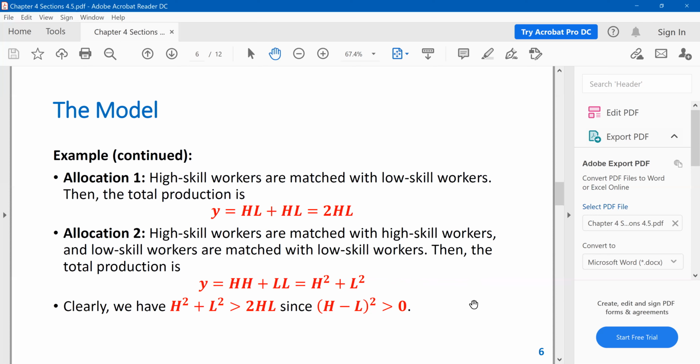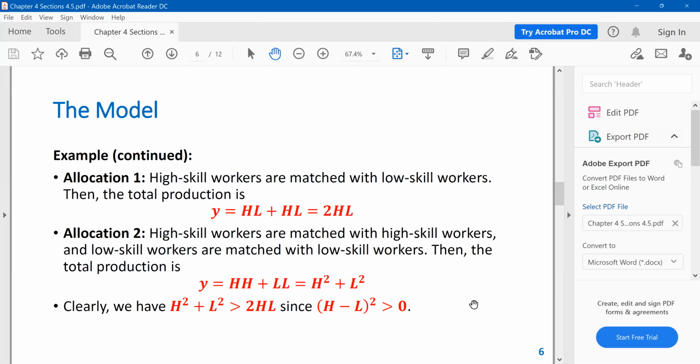So allocation 2, when you use as the firm owner or the firm manager assortative matching, when you put high skill guys together and low skill guys together and separate them from each other, then you have the highest level of production.